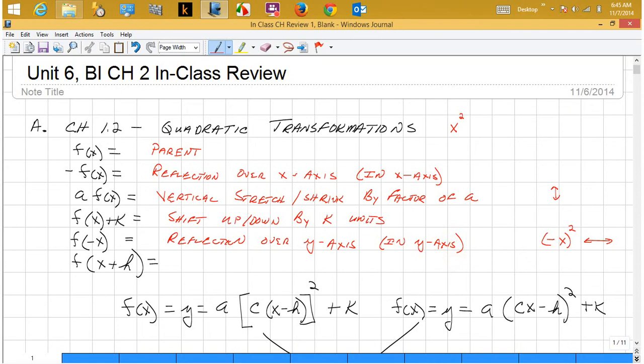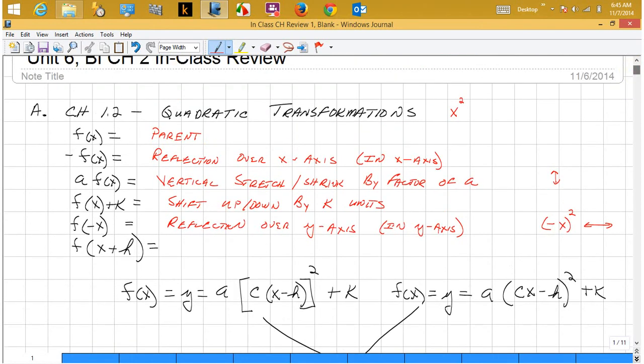And the last thing that we have, and actually it looks like I left off a stretch or a shrink in the x, but we'll get that here in a second. And if I have something that looks like this, that's going to be a shift in the x direction, which would be a shift left or right h units.